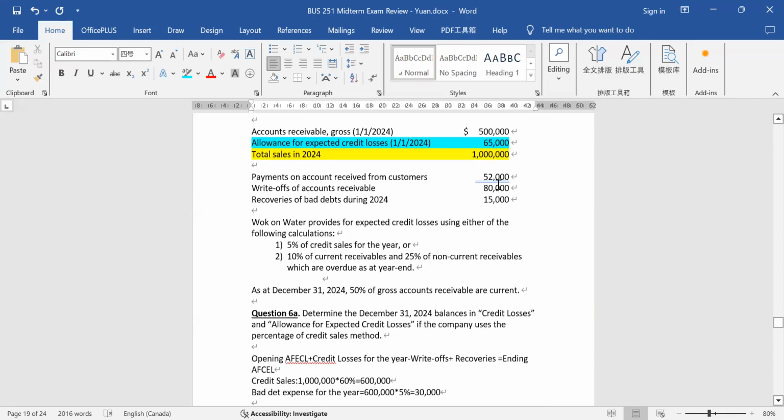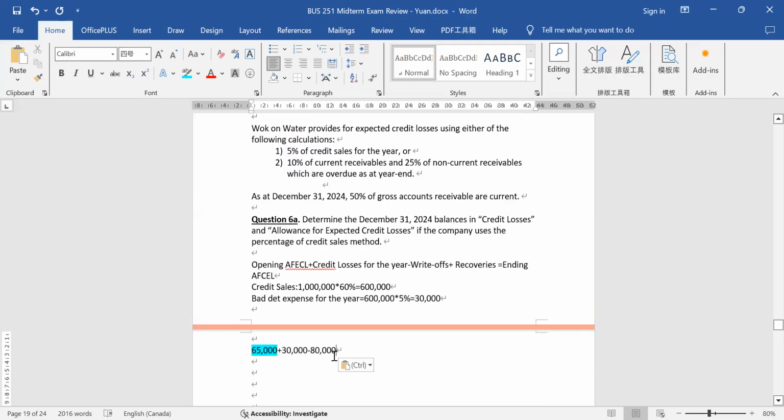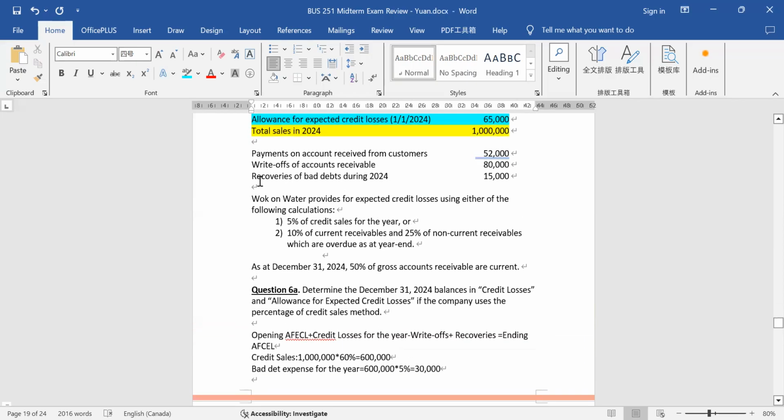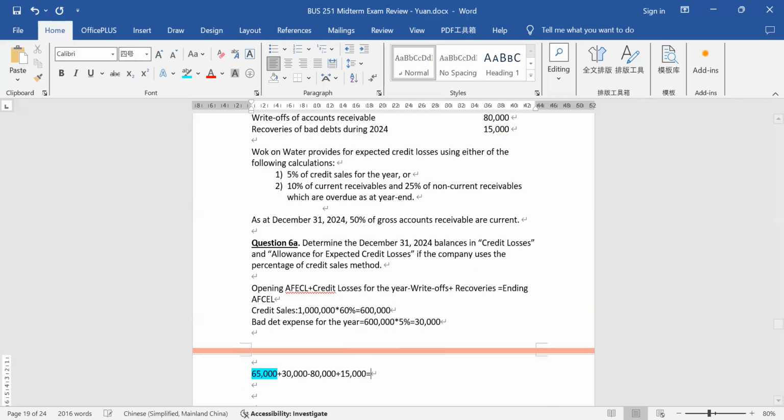You can find it here, this is the amount for write-off. You put it here, and then you have to add back the recoveries. The recoveries, this is the amount, and you put it here. And then you do the calculation, which is altogether 6,000.